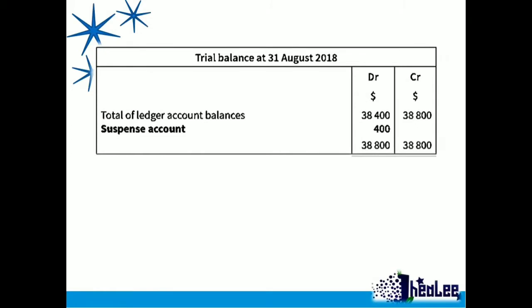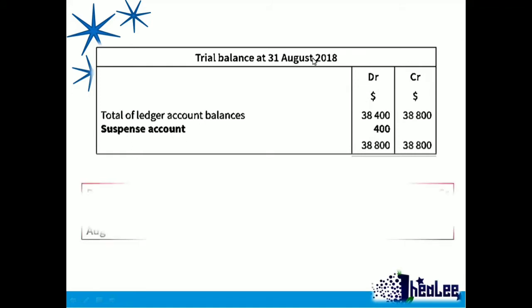So create an account called suspense account and put that difference there. Whichever side is short on the trial balance is the side where you would put the difference. If it was the credit side, the difference would go on the credit side, but again in the suspense account, because in reality you don't know where that error is.